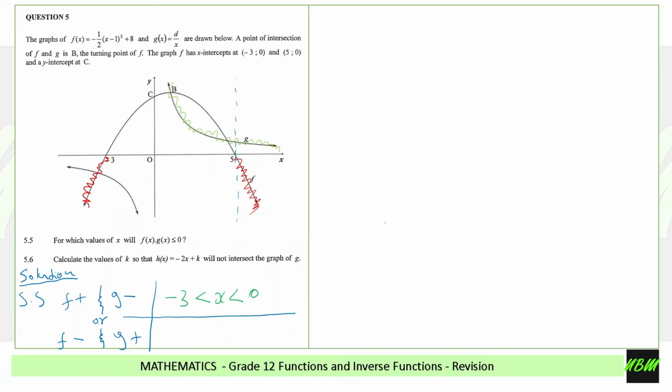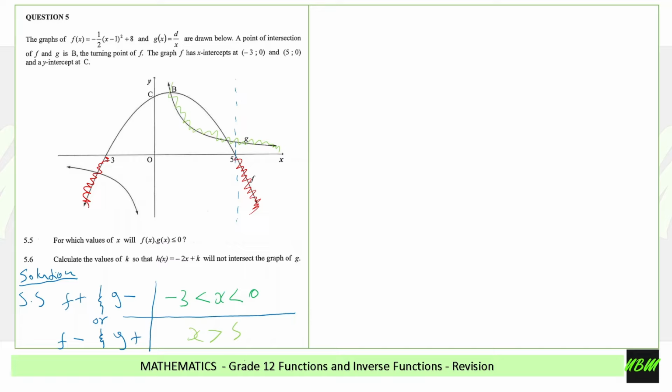So where g will be positive and f negative, it will be on the right of the borderline. This is going to happen where x is greater than 5. Positive multiplied by negative is less than 0.